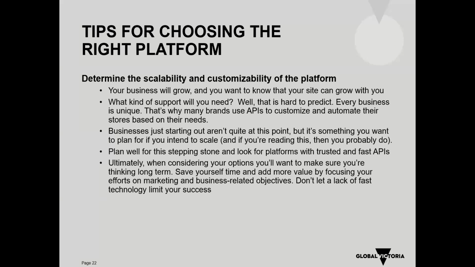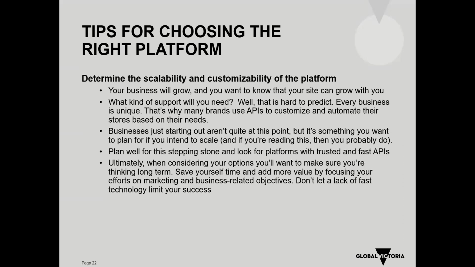Scalability, customizability. Mentioned those several times already, but it is really very important. Your business is going to grow and you need to know that your site will grow with you. So what kind of support will you need? Not just today, but into the future. Might be hard to predict, but you really need to err on the side of caution. Many brands do use APIs to customize and automate their stores, and this depends on need over time.